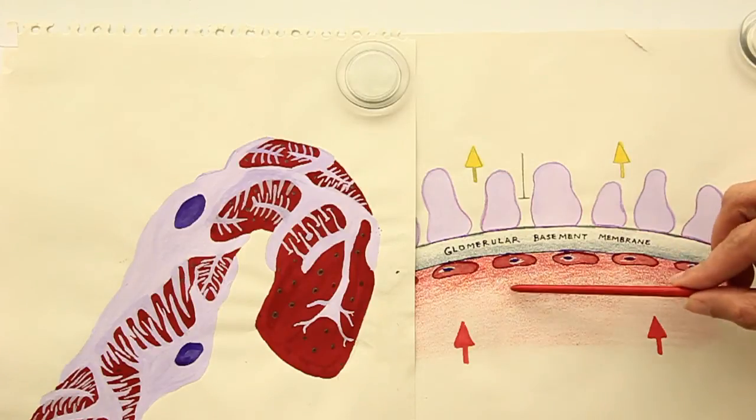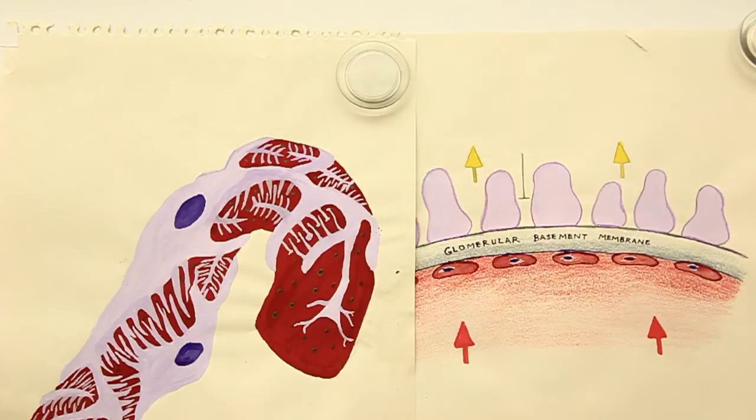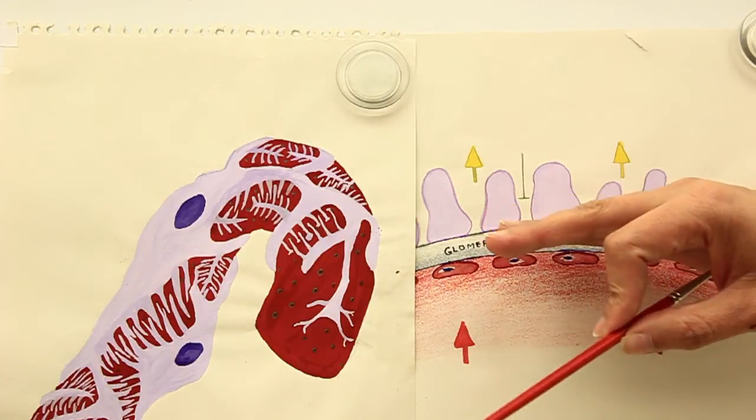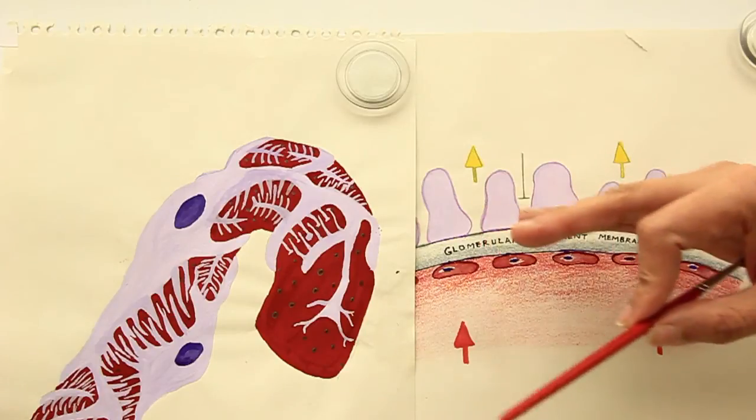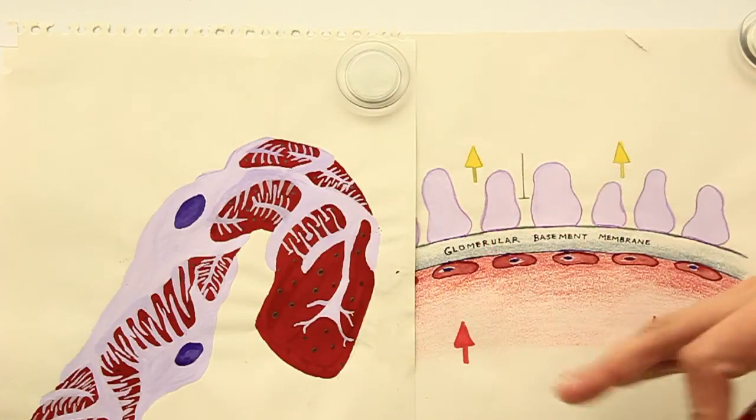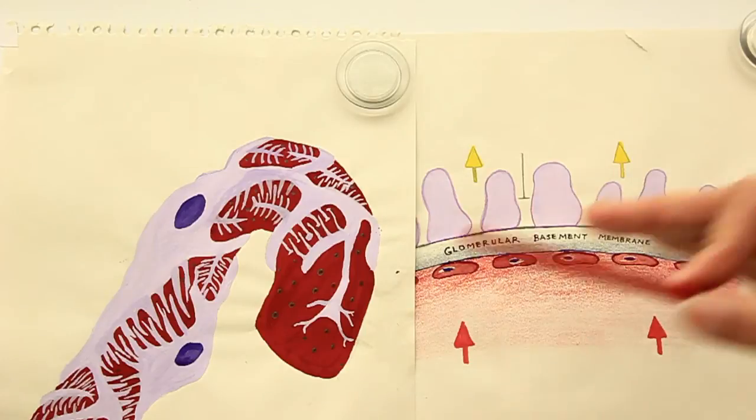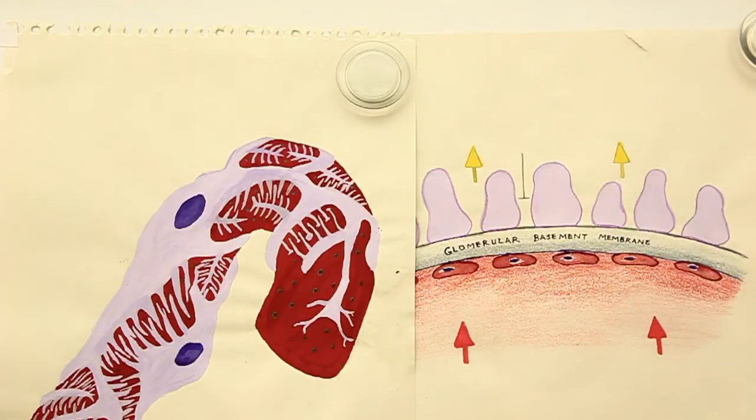So most of the proteins present in our blood are also negatively charged. So the negative charge of the glomerular basement membrane will repel the negative charge of our polyanionic proteins.